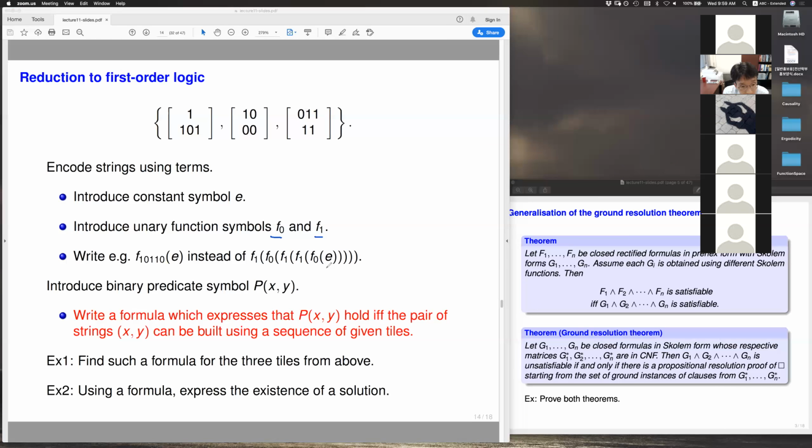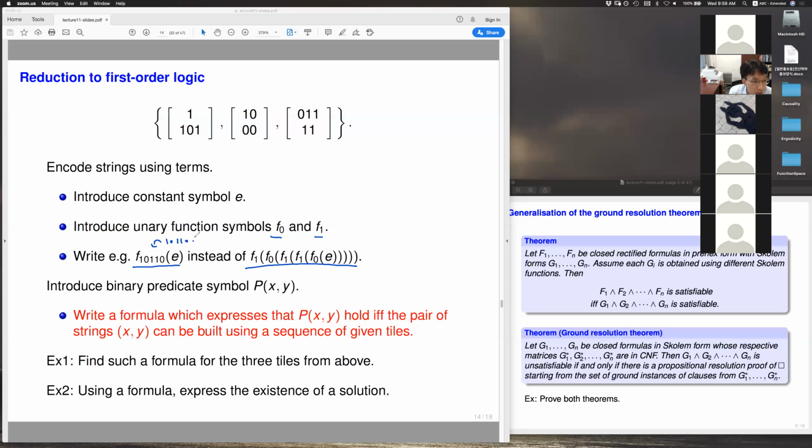This one, we're gonna write like this. It's an abbreviation of this sequence of function applications. And this one is going to be used to encode the sequence 1, 0, 1, 1, 0.